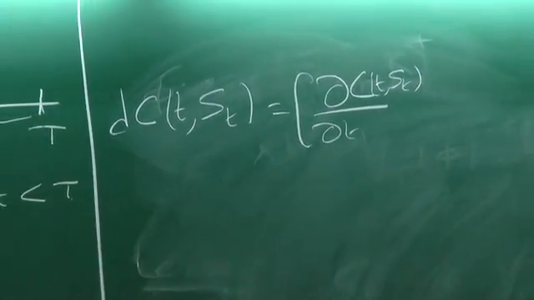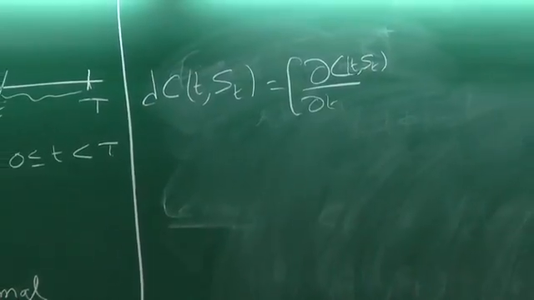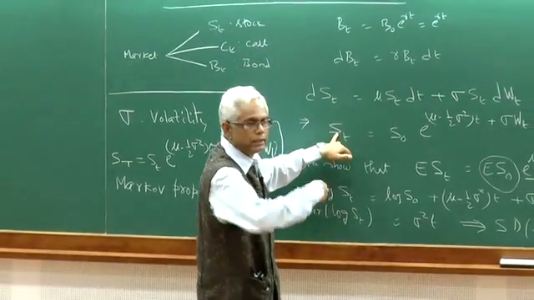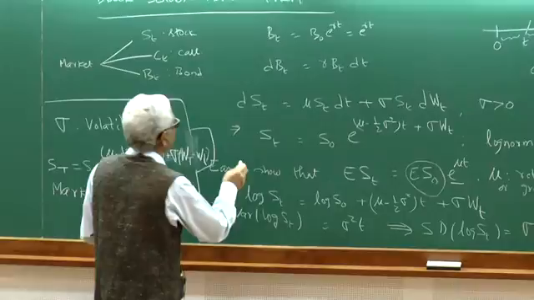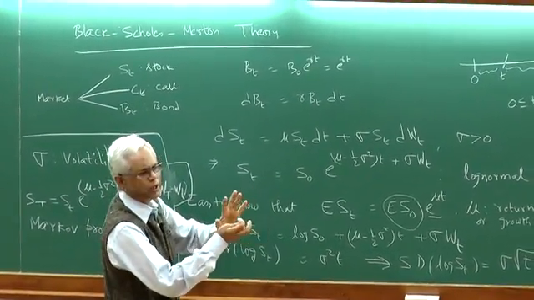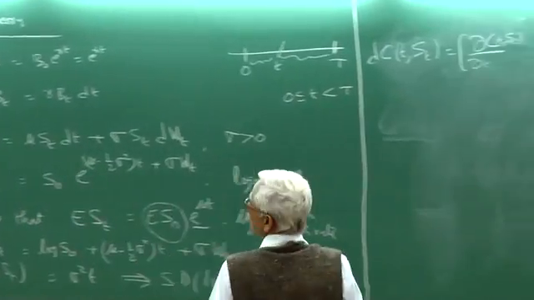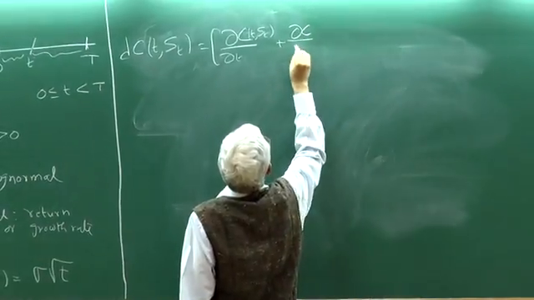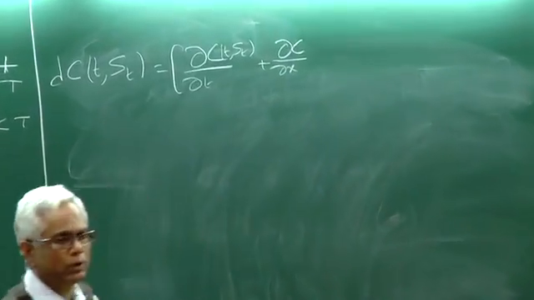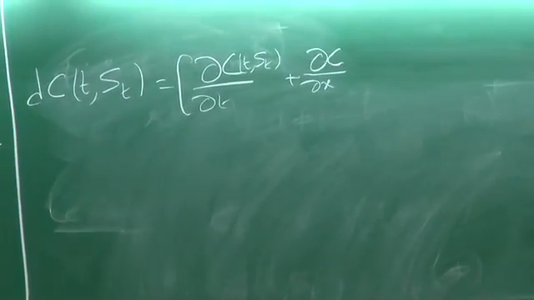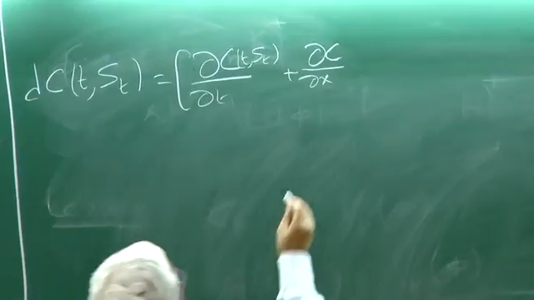Then del f over del s, but I will write del x. With respect to the derivative with respect to stock, I will denote it by x, because the typical value of S_t I will denote by x instead of s. It doesn't matter. So del C over del x, for stock price, instead of s I am using x. Confusion? No confusion? Okay. So this is also (t, S_t).